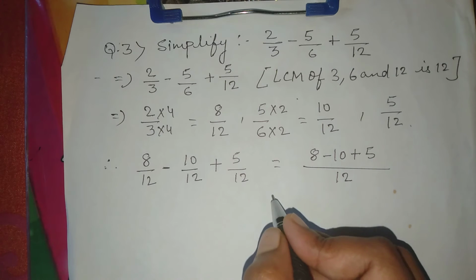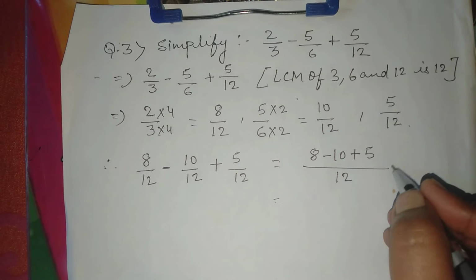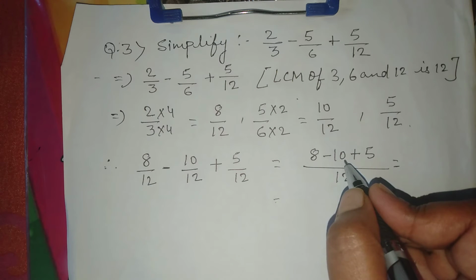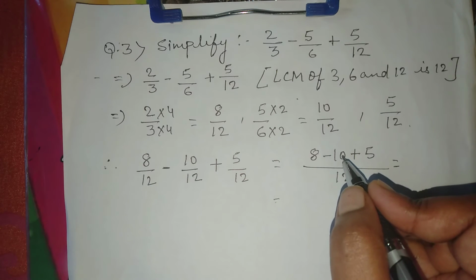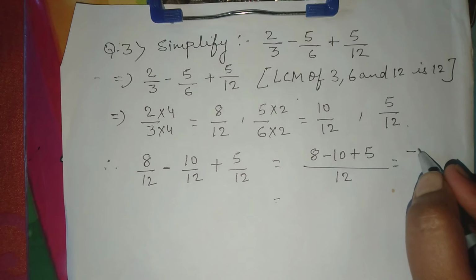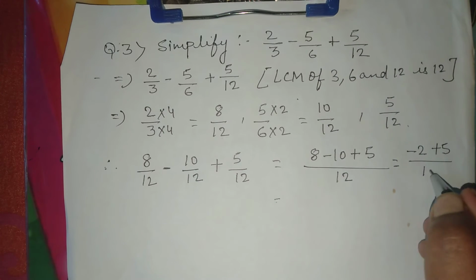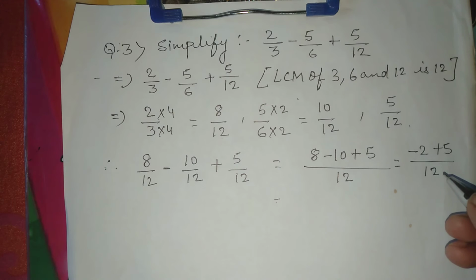Okay, so here 8 minus 10, what will we get? We will get minus 2 plus 5 by 12. So when we do minus 2 plus 5, what will we get? We will get 3.